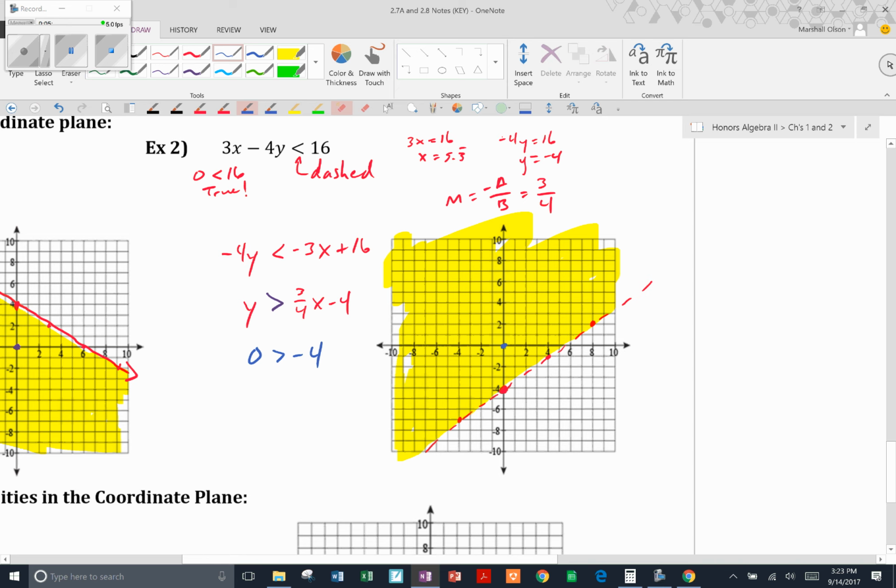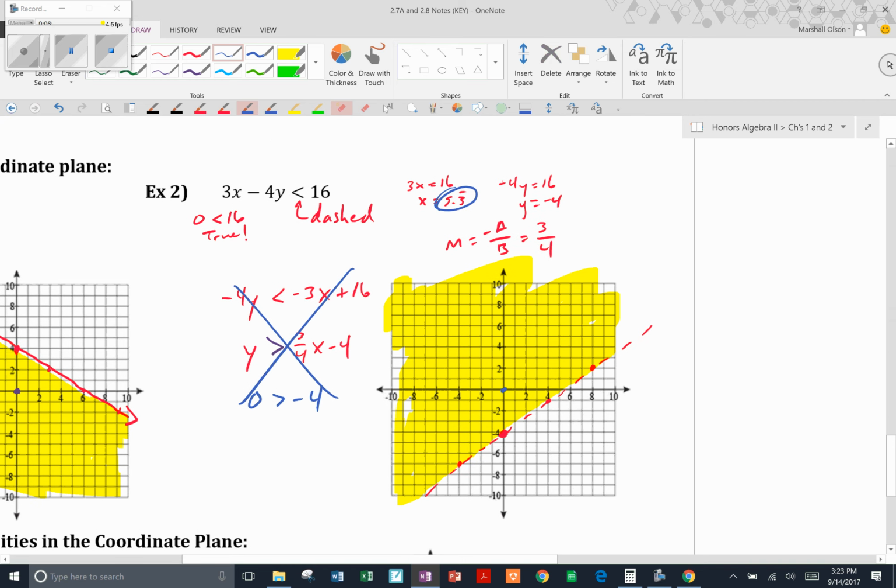Since this is true, we're going to shade up above that line again. So either way, we're shading where 0, 0 is. Okay, so this really wasn't all that necessary. Even though this was ugly, we still got our slope and our y-intercept from it just like we wanted to.